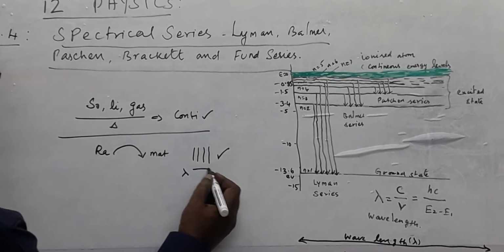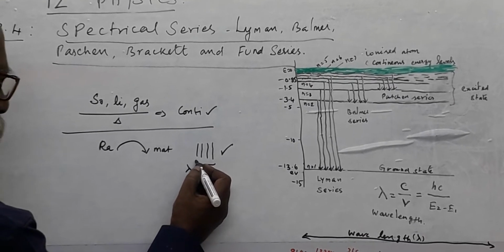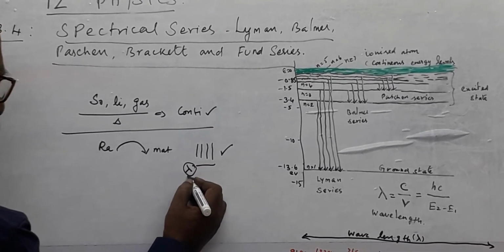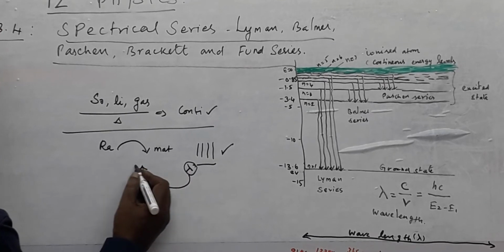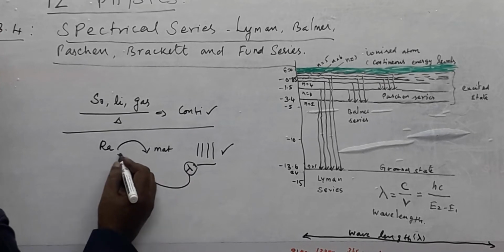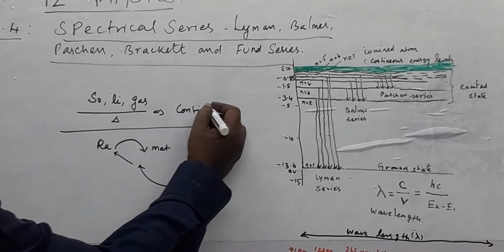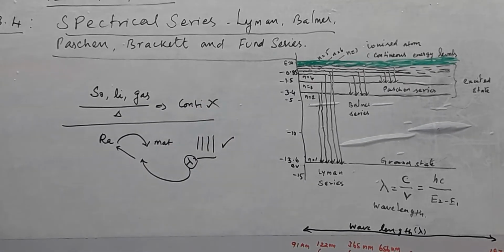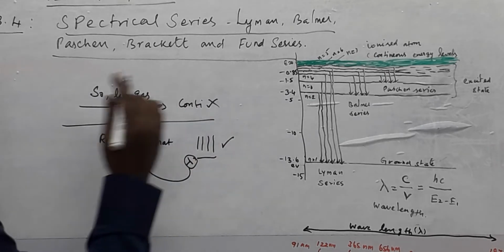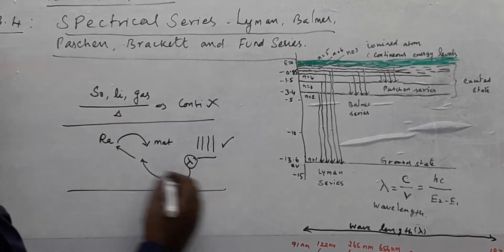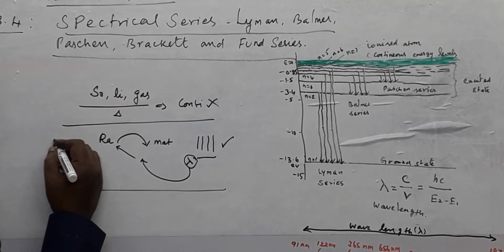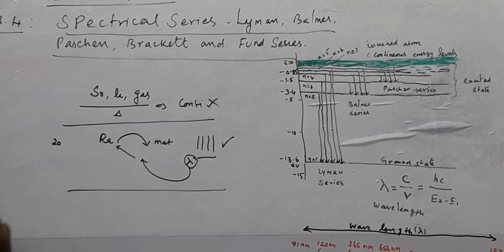That is the very importance. These wavelengths explain the characteristics of the element. That's why the continuous spectra must be avoided. We are considering only the line spectra in the early 20th century.